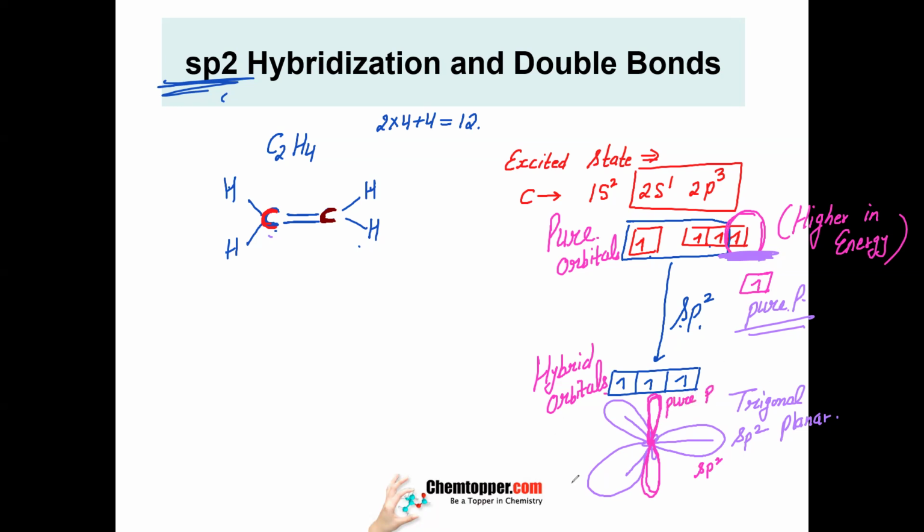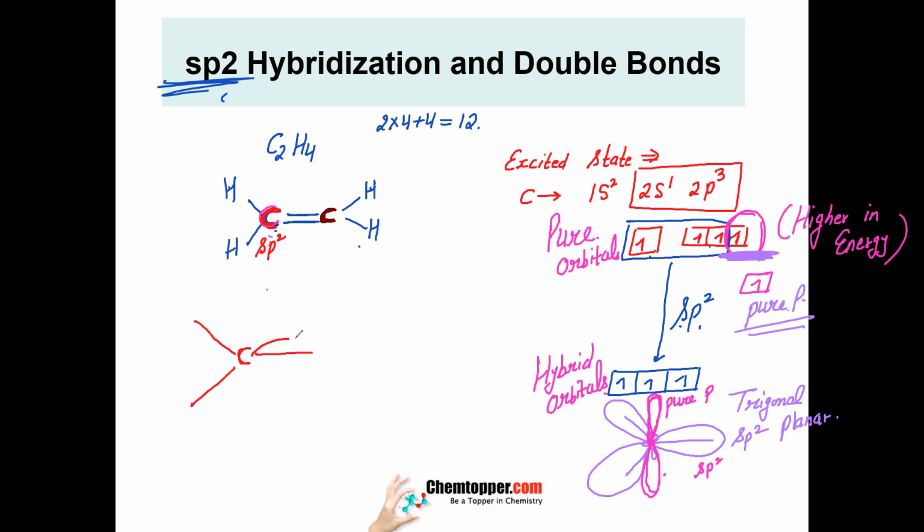Your carbon is like this. Let's make this red carbon here in the orbital picture. It is sp2 because it has 3 groups on it. So this is the red carbon. It is trigonal planar. 3 groups means trigonal planar.